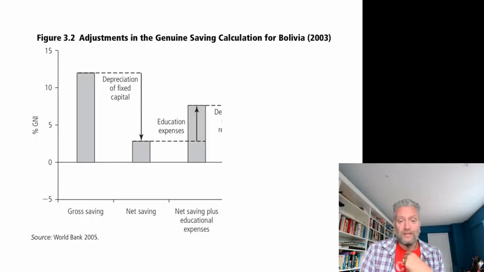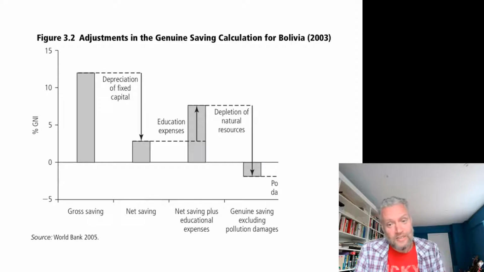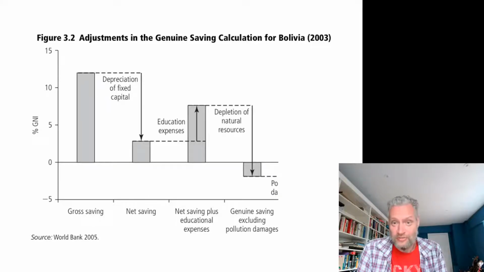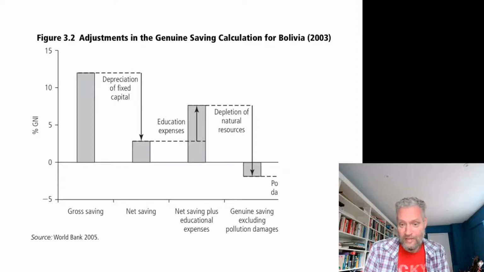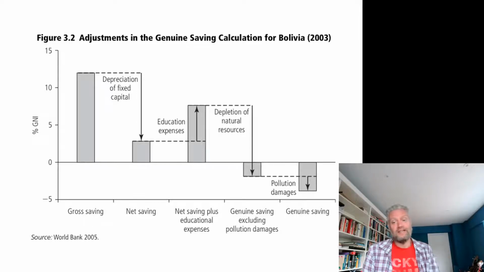You need to add educational expenses, so you go up again. Then you need to subtract the depletion of natural resources. Bolivia, that is mostly cutting down rainforest. And then you need to subtract the pollution damages, the CO2 emissions and PM10, and then you have your index of genuine saving.